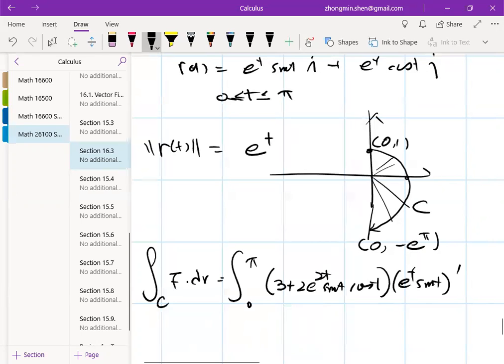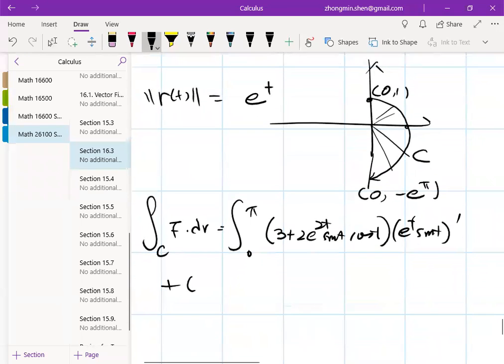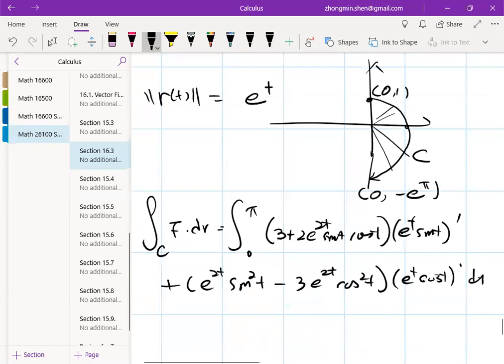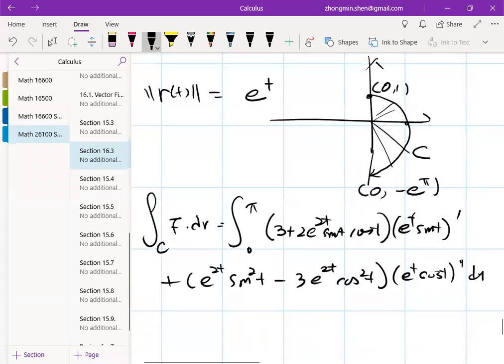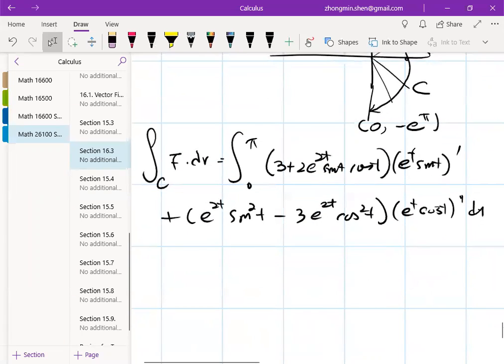I just put the details here. And then the second component will be x squared minus 3y squared, so e to the 2t sine squared t minus 3 e to the 2t cosine squared t, and (e to the t cosine t) prime dt. You see? And then you have to multiply this out. It's a little complicated, right?